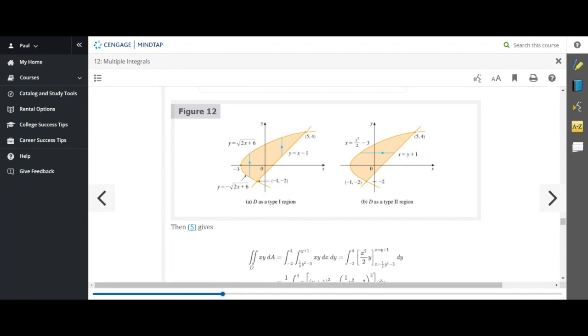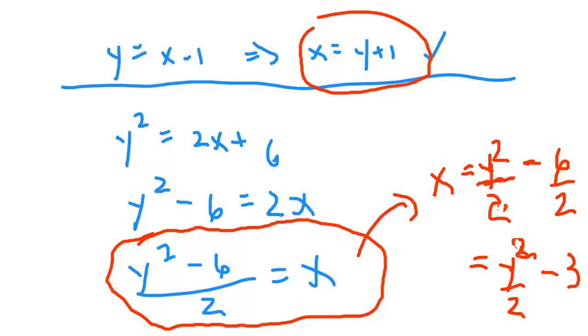The problem is, I'll show you the problem. Let me just draw that figure 12a. I'll just draw a quick picture of the region. I'm not even going to label. Okay, here's what the region looks like.